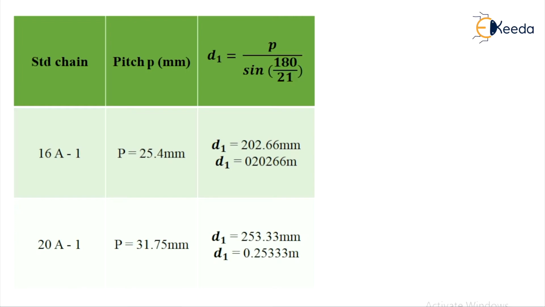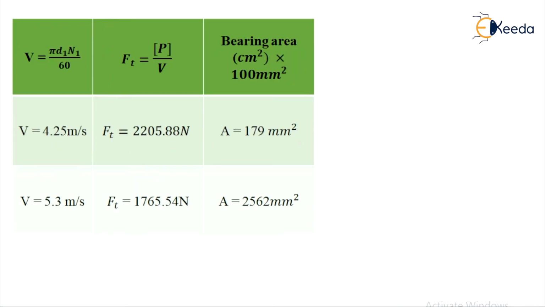And for the next chain, that is 20A1, the value of D1 is 0.25333 meter. Similarly, the value of velocity is calculated with the formula pi D1 N1 upon 60. So the velocity for 16A1 chain is 4.25 meter per second, and for the chain 20A1 it's 5.31 meter per second.